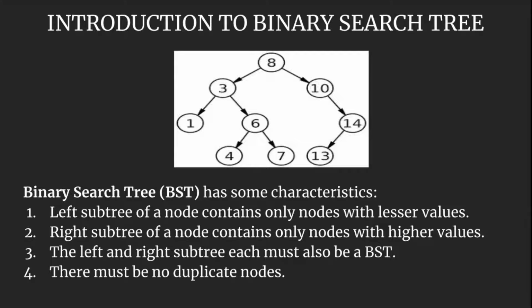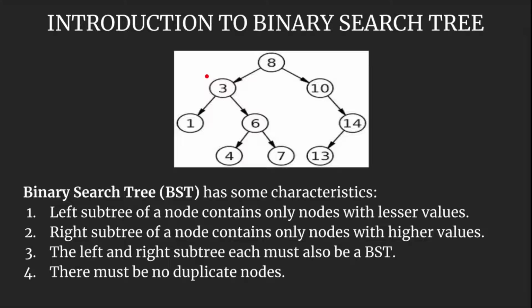nodes. So in this diagram we can see that all the values that lie in the left subtree of node 8 are lesser than 8, and in the right subtree the node values are always greater than 8.